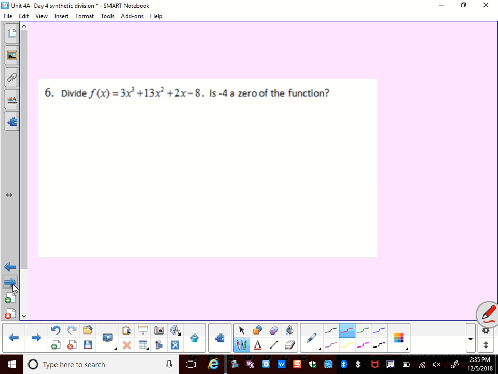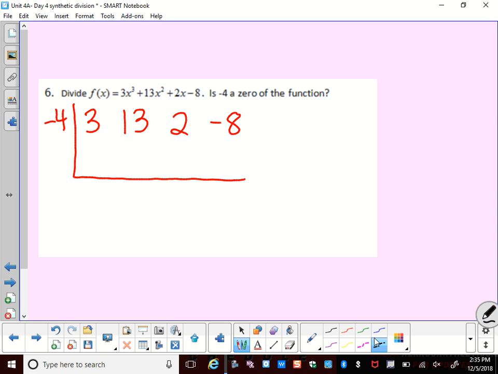Number 6, what number goes on the outside? Negative 4. On the inside, I have 3, 13, 2, and negative 8.